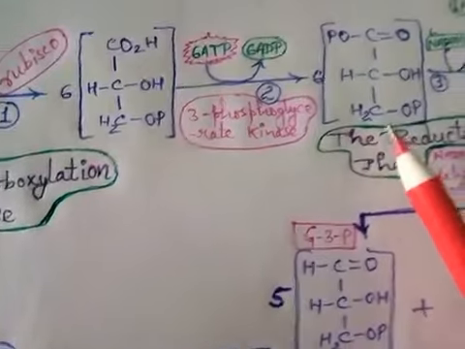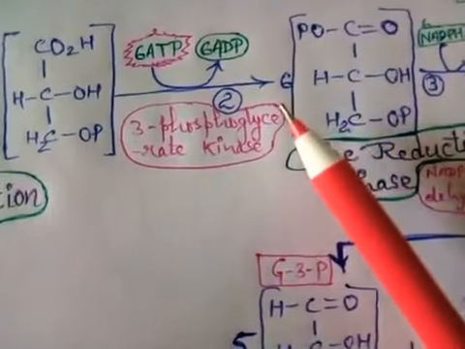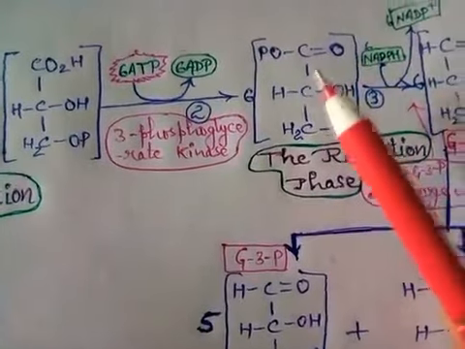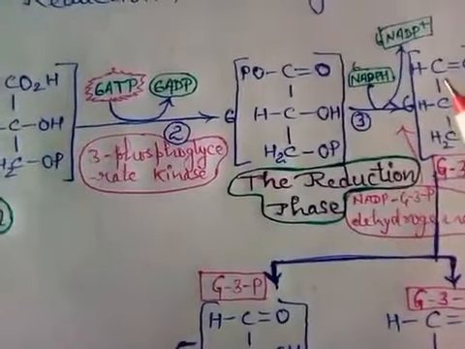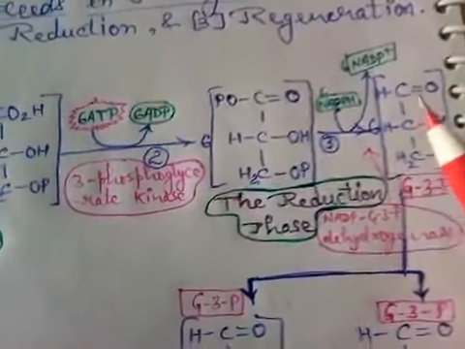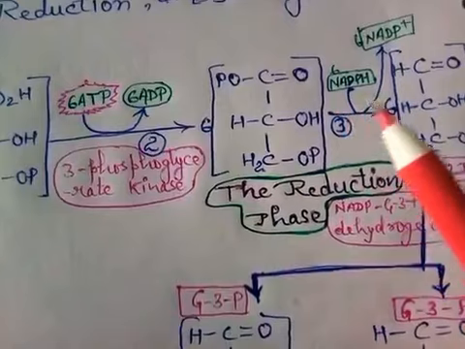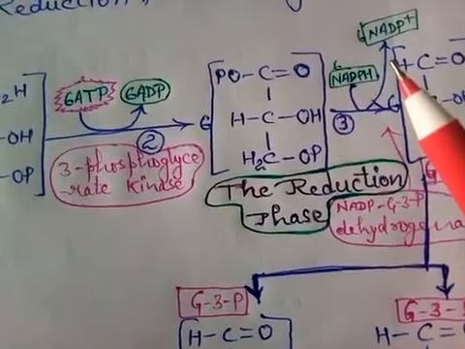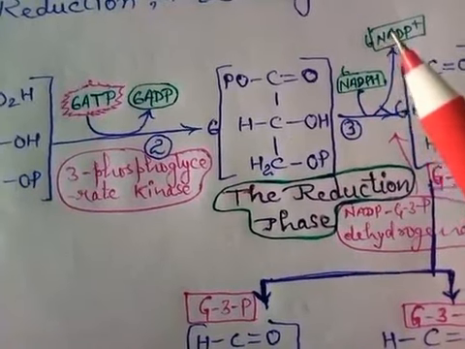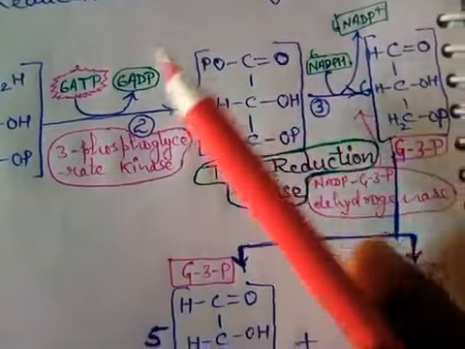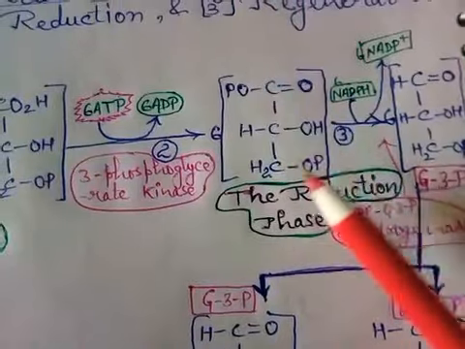Further, these 6 molecules of 1,3-bisphosphoglycerate are converted into glyceraldehyde 3-phosphate. Here 6 NADPH is utilized and converted into 6 NADP plus. So in the reduction phase this energy is utilized.